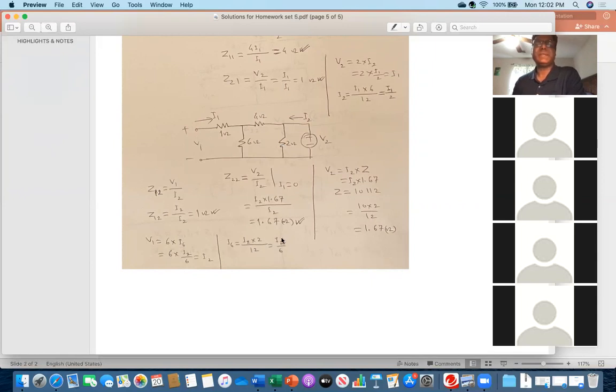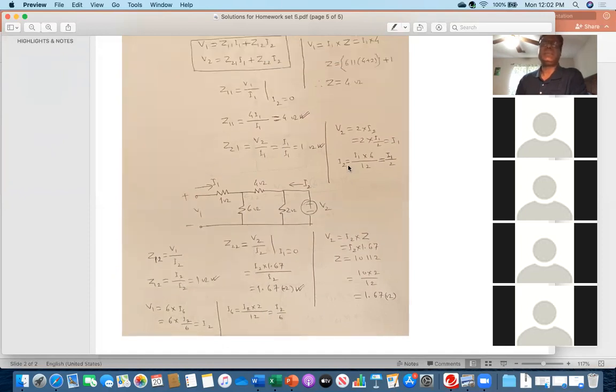So it gives me I2 over 6. Now, V1 is 6 multiplied by this I6. So 6 multiplied by I2 over 6, 6 cancels, I2. Now come back to this equation. So G12 is I2 over I2, 1. This means you got all 4 impedance parameters, G11, G21, G12, and then G22.